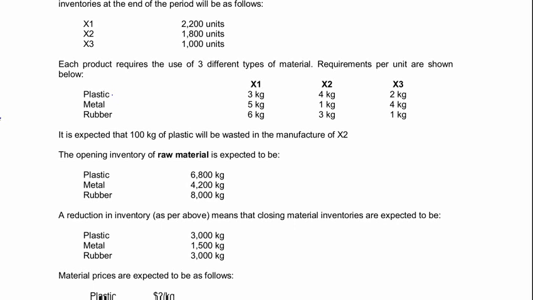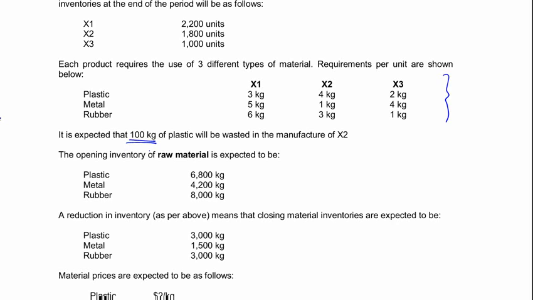So each product uses 3 different types of material, and here we're told the quantities in terms of kilograms of each one that's needed. And sneaky bit of information here, it says it is expected that 100 kilograms of plastic will be wasted in the manufacture of X2.